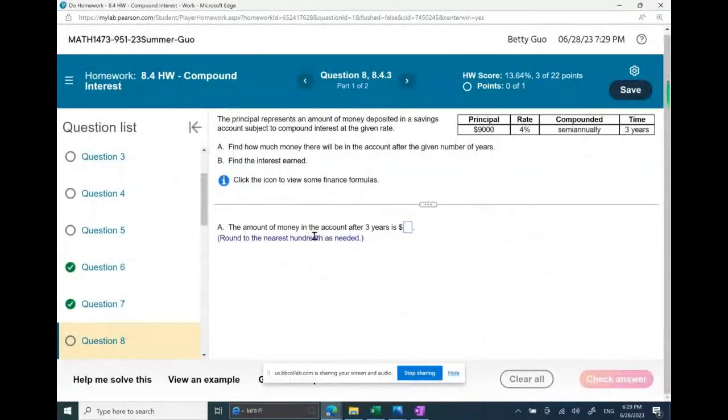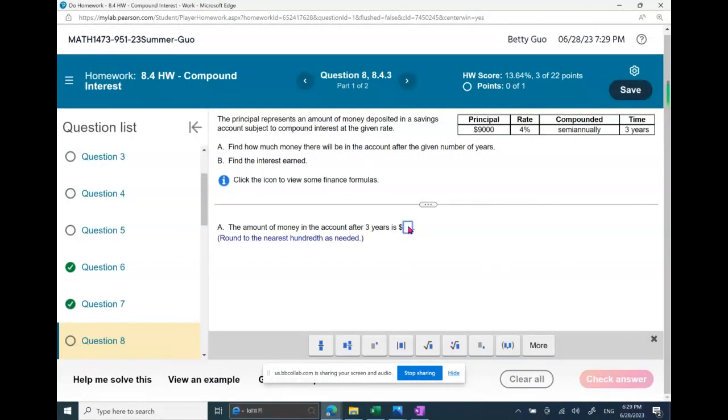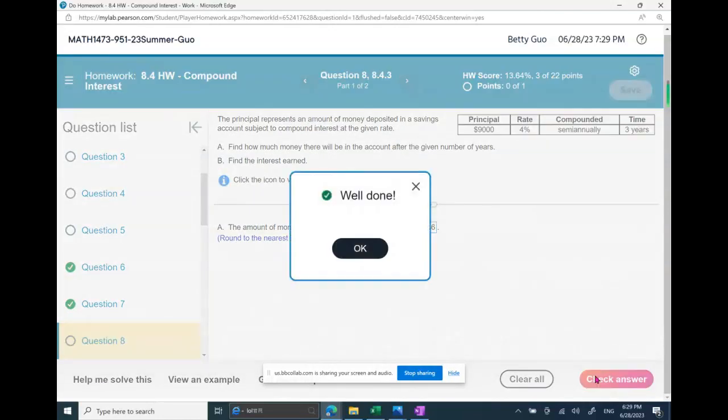We're going to round it to the nearest hundredth, so that is the nearest cent. After 3 years, we have $10,135.46. 46 cents. It worked, right?